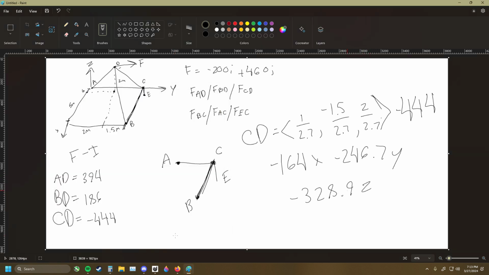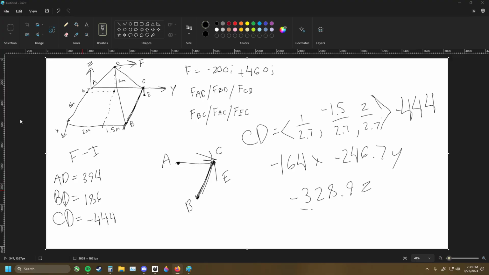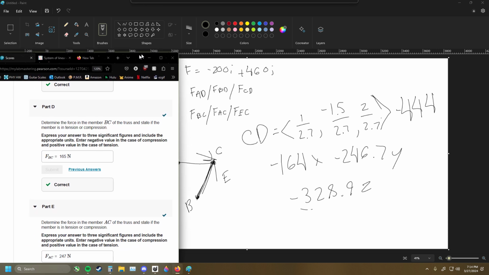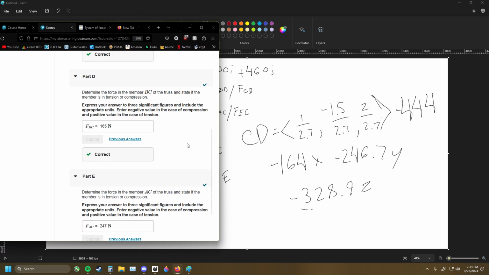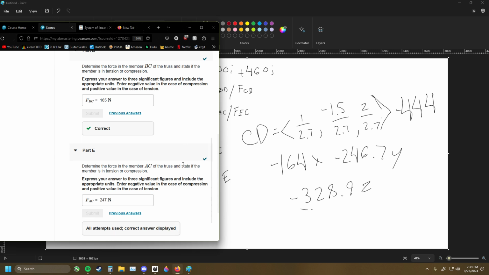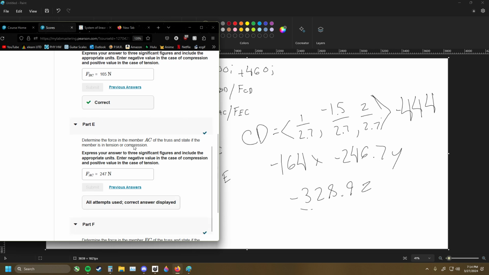Okay. So now what does this mean? We know these are the only forces acting on C, the only tension force we have on C. So if we go back to our page, since we know these are the only forces and this is in static equilibrium, we can then set them all equal.